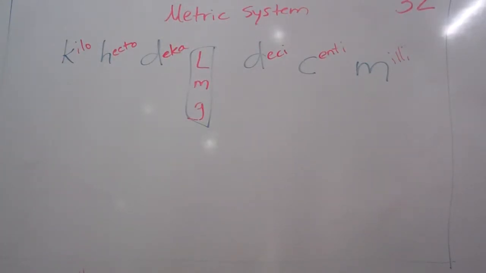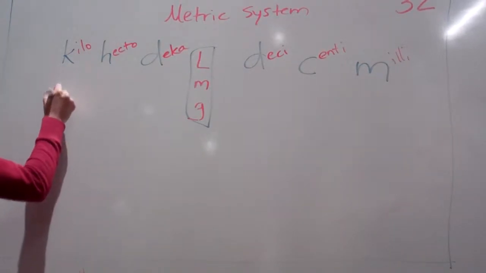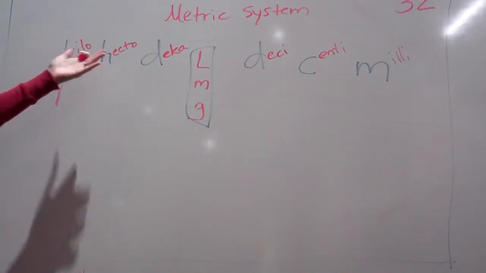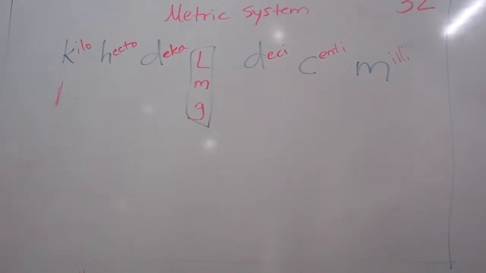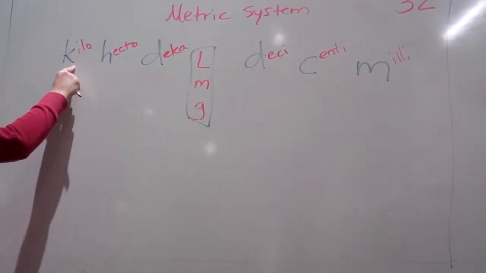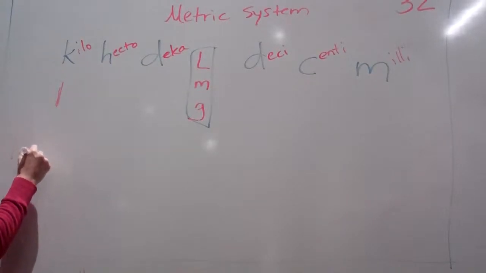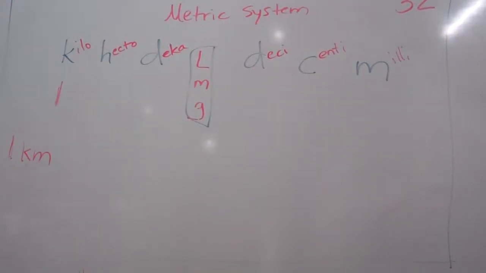Now, what I want you to understand is, let's do meters, just to stick with one of the measurements. 1 kilometer is the same thing as 1,000 meters.